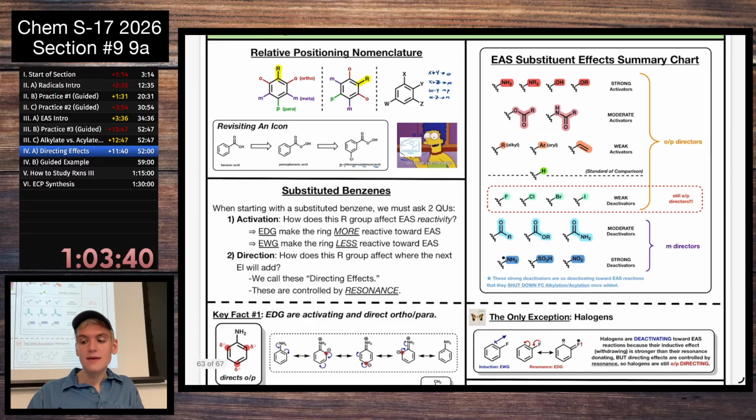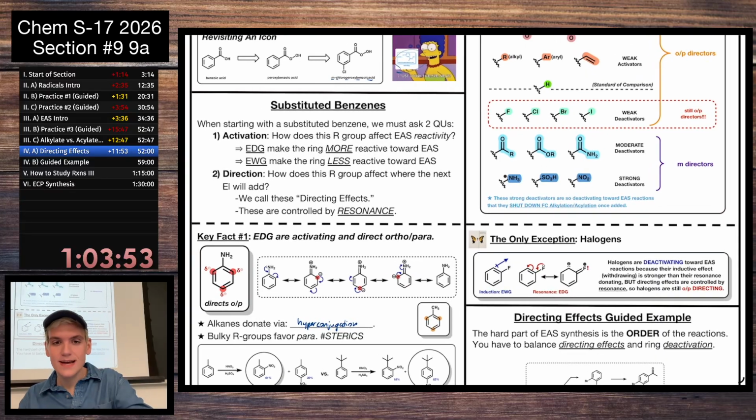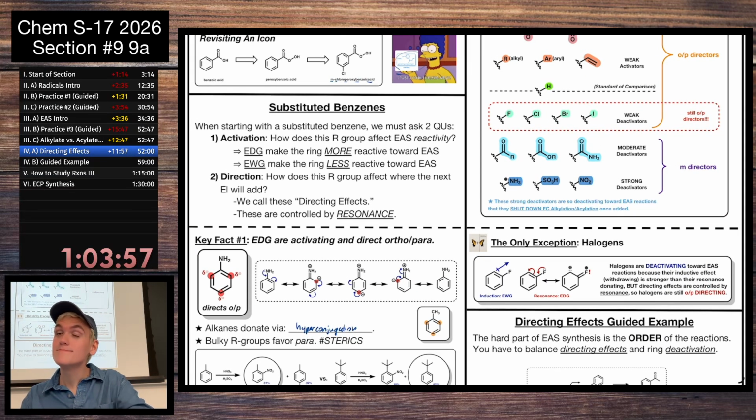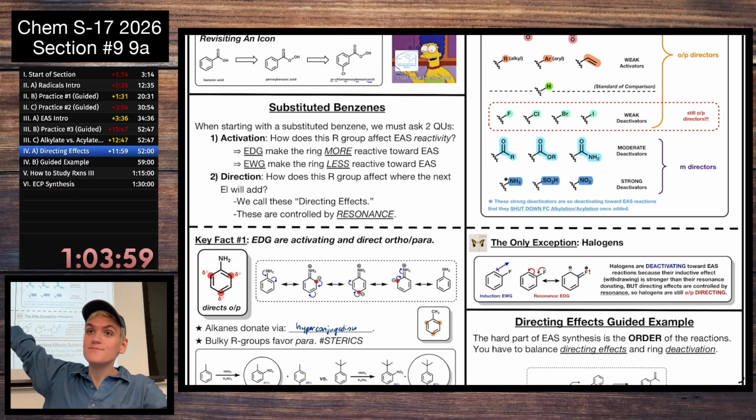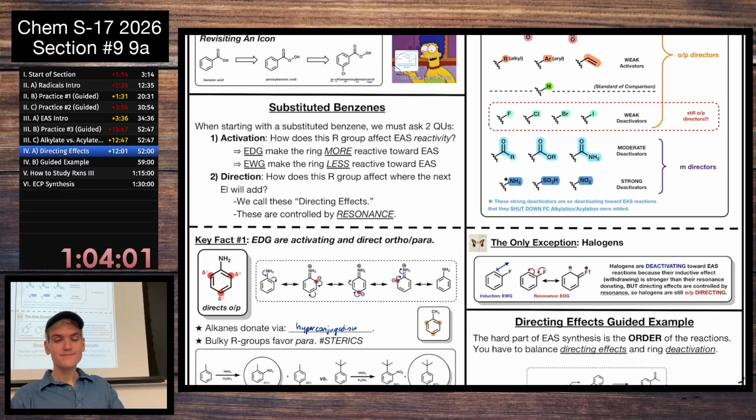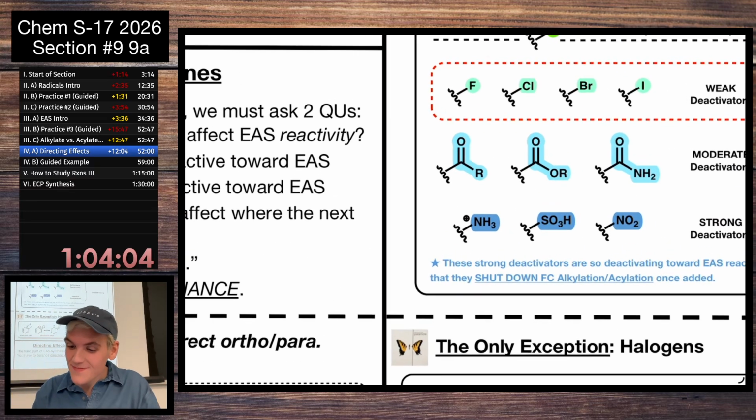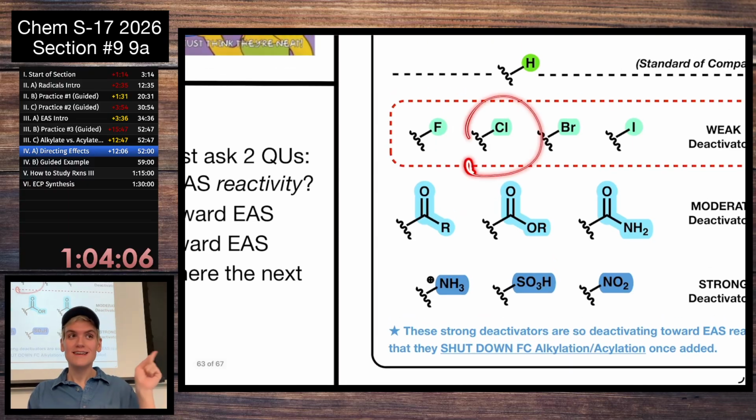So again, these are the only exception to our rule that donating groups are activating and ortho-para directing, while withdrawing groups are meta-directing and deactivating. And so I have a sound cue. To them I say, fluorine, you are the only exception.